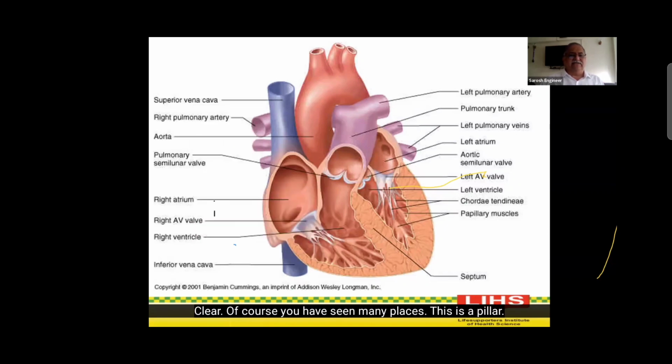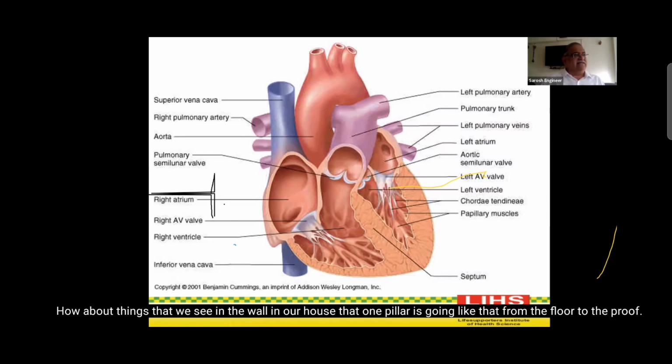Pillar, of course, you have seen many places. This is a pillar. These muscles are like this. Now the things that we see in the wall in our house, that one pillar going like that from the floor to the roof, and it is also going to the other person's house and from there above and all, these we call columns.